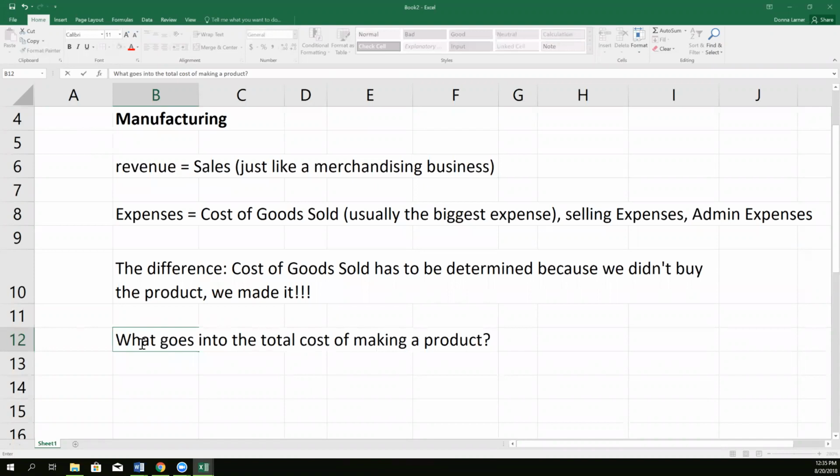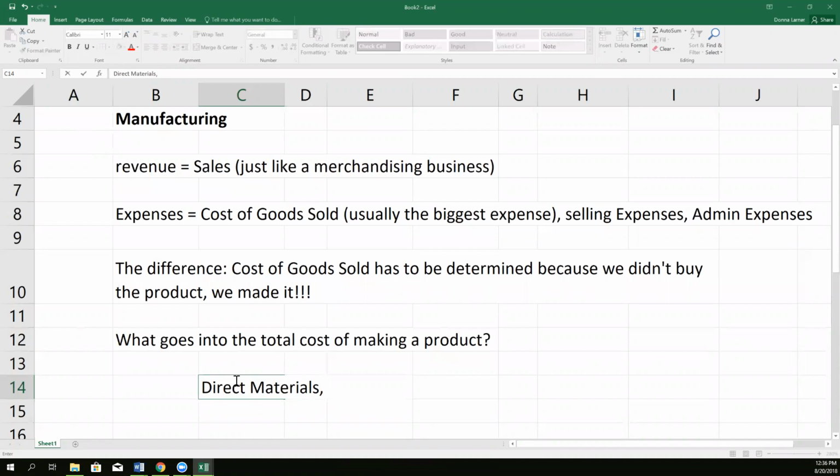What would be included in that cost of goods sold? We're going to have things like direct materials, just like raw materials. When you make something, there are some raw materials you start with. The examples in the book try to keep it really simple, a product that you can make with 2 or 3 materials. But if you go into a sophisticated manufacturing facility, you'll see that they have thousands of different raw materials.